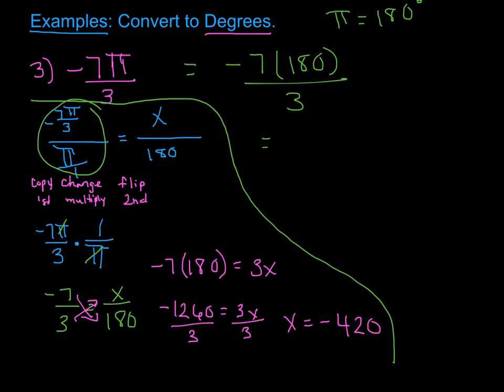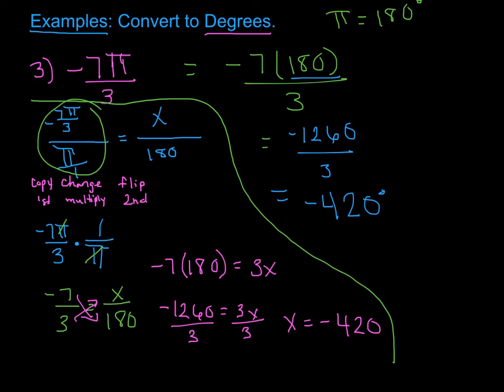And when you're doing this on your classwork, I want you to write this every single time. Negative 7 times 180 when you're substituting in for pi divided by 3. And then write your answer. Don't just write your answer. So negative 7 times 180 is negative 1,260 divided by 3, and I still get my same answer with a lot less work.